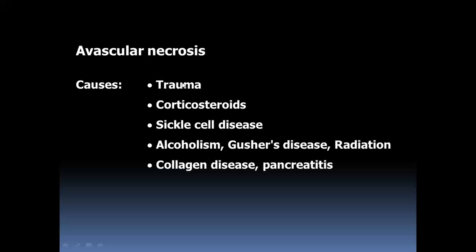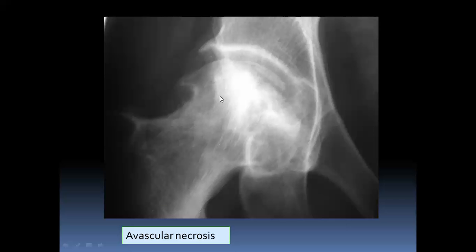Avascular necrosis could be due to trauma, corticosteroids, sickle cell anemia, alcoholism, Gaucher, radiation, collagen, pancreatitis, a lot of things. Avascular necrosis usually comes with corticosteroids and sickle cell anemia, and avascular necrosis is heterogeneous femoral head, mixed sclerosis and porosis.